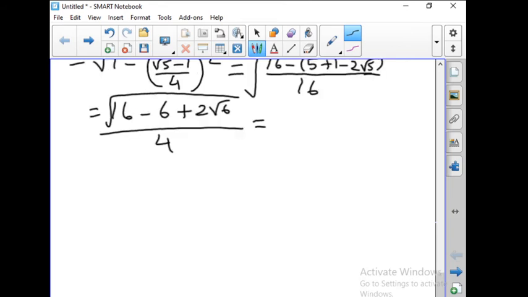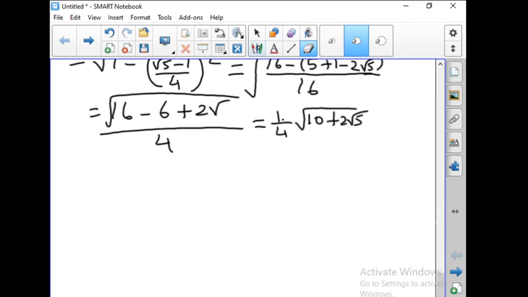So it can be written as root 4, so we get 1 by 4 into square root of 16 minus 6 is 10, 10 plus 2 root 5. So this is the value for cos 18.